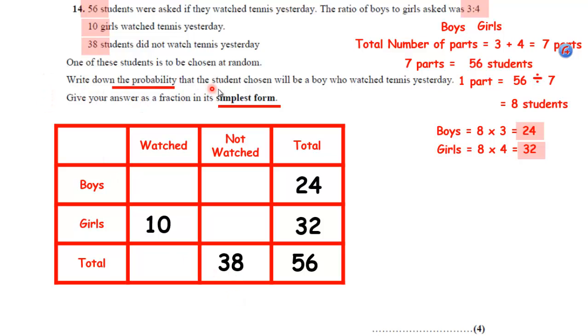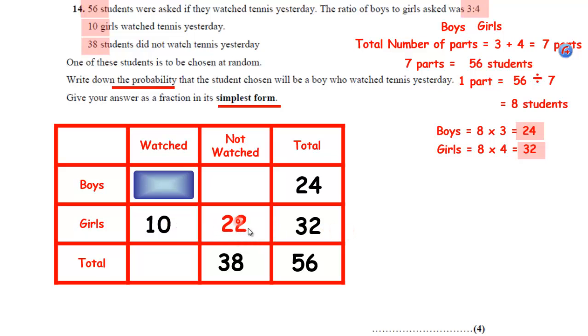And now they want us to work out the probability that the student chosen at random will be a boy who watched tennis. Boys who watch tennis. So we need to work out that number there in order to find the probability. Okay, so let's first find that number there. Looking at the two-way table, I reckon I could find this number here, because whatever's in here plus 10 would give me 32.